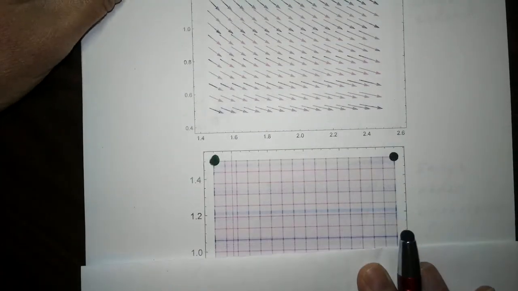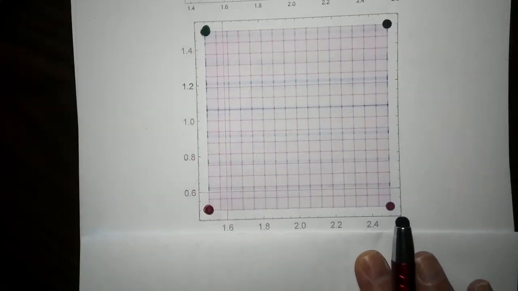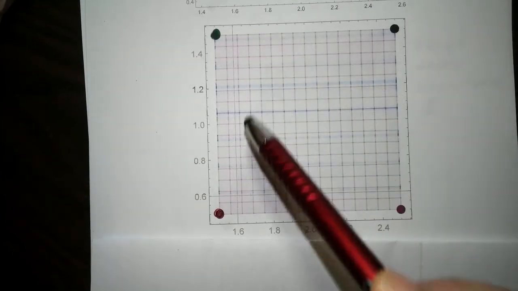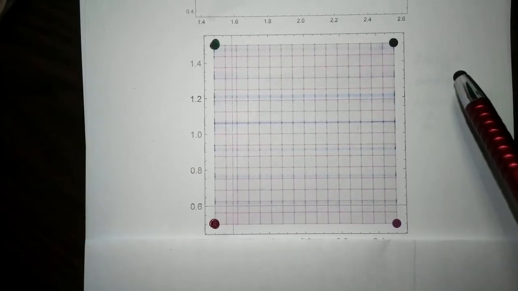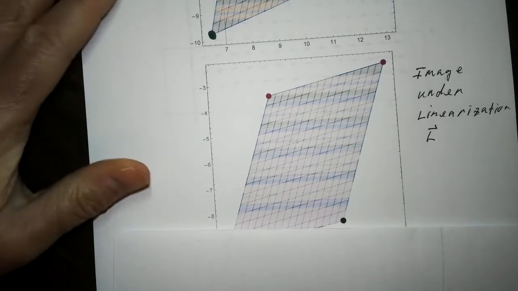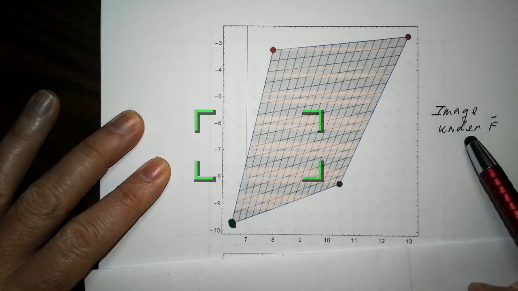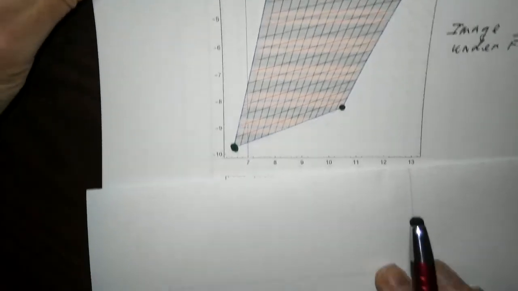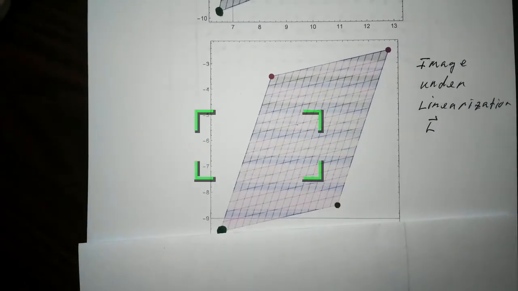We can view this in an analogous manner. Here is a small square centered about the point 2, 1. What I'm going to do is take the image of every point in the square under the function F and under the linearization, and compare the two. Here is the image of that original square under the function F. Here is the image of that same square under the linearization.